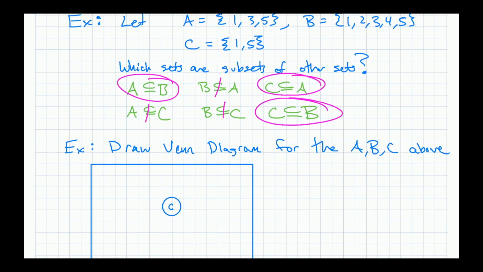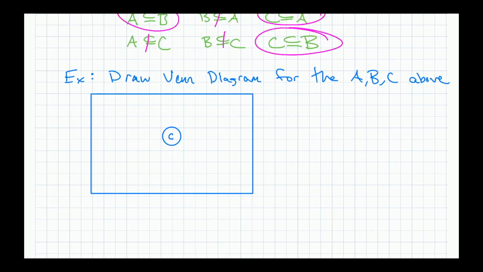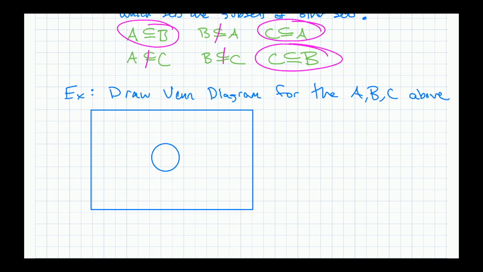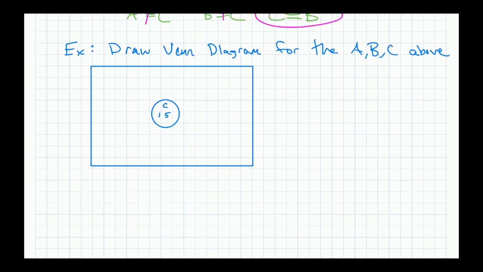And the elements of C happen to be inside of A. Let me actually redo that. So there's C, and it has 1 and 5, right? And then 1 and 5 are also inside of A. So I have to draw it like this. It's a little bit different than we had before.